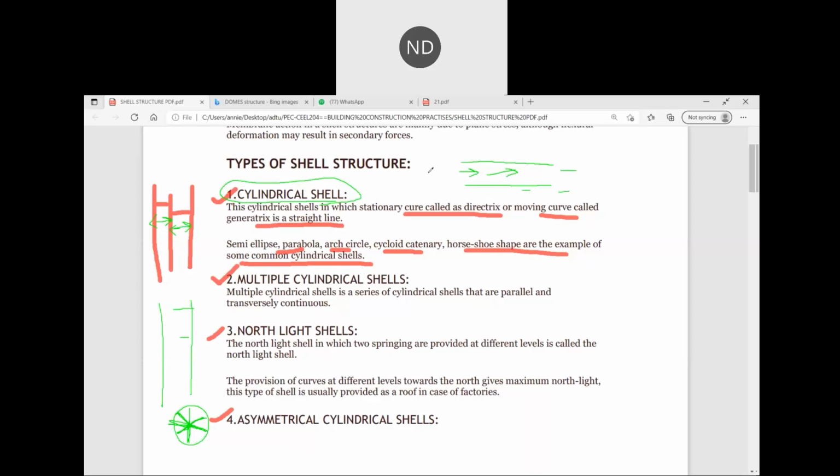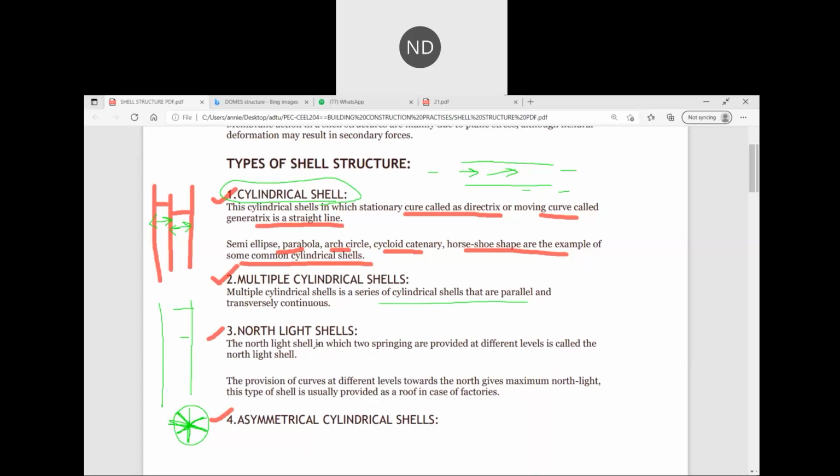Those are also a kind of cylindrical shell structure. Multiple cylindrical shell means when you have multiple cylindrical shells combined together to form a different structure. So a multiple cylindrical shell is a series of cylindrical shells that are parallel and transversely continuous.